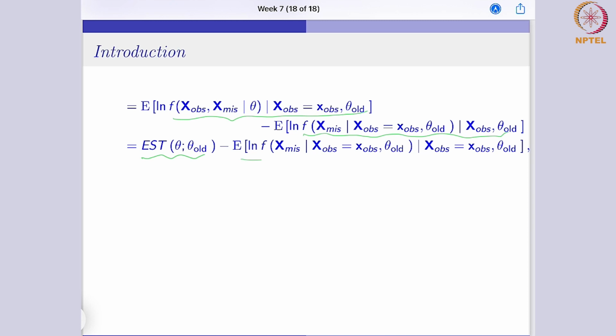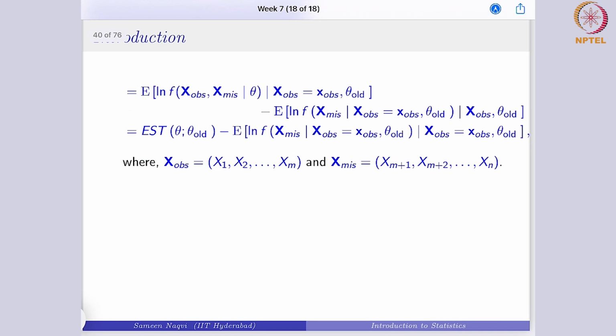And this second one, we can keep as it is because ultimately we will not be using it. The reason is that our parameter theta is only present over here. We do not have any parameter theta in the second term, so there's no point in trying to maximize it. So from here, our interest will only be in this first term.